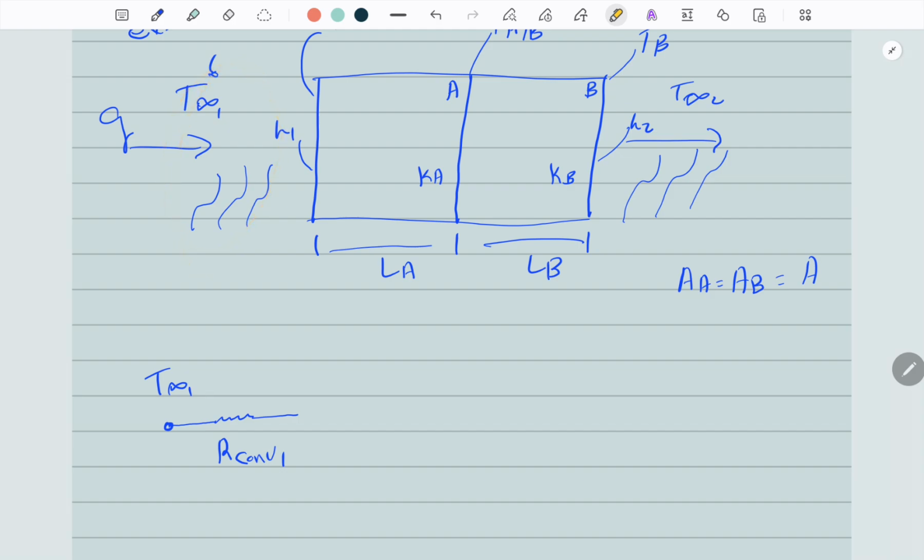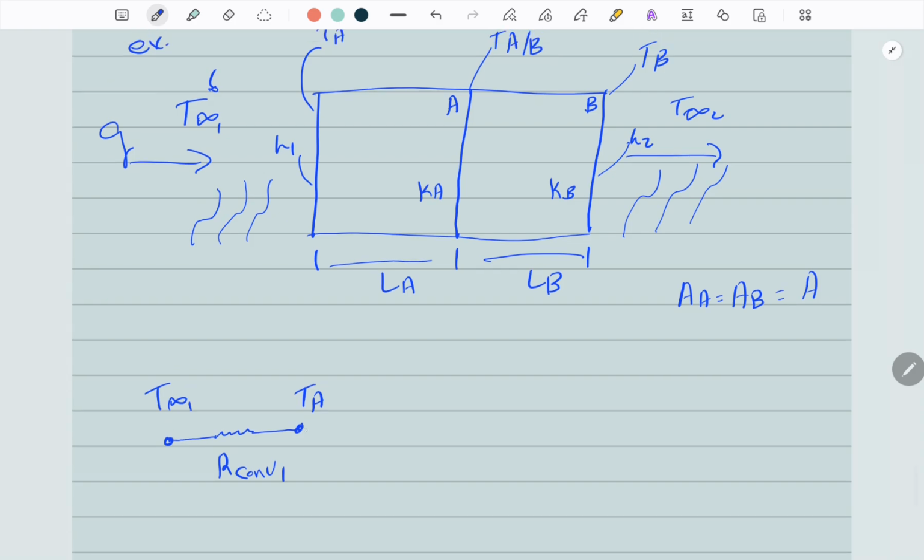Some of that heat is lost to the resistance before it reaches surface temperature A. Same process again. Heat is transferred from this point. Some of it is lost to R conduction A before it reaches TA slash B. Same process.